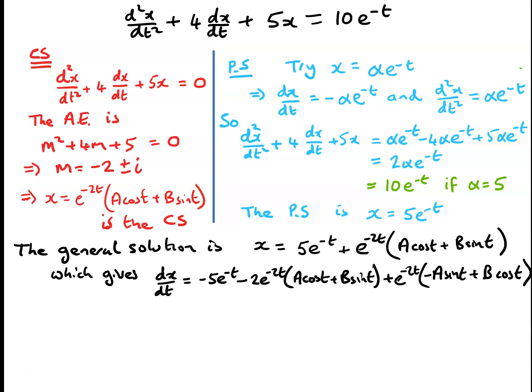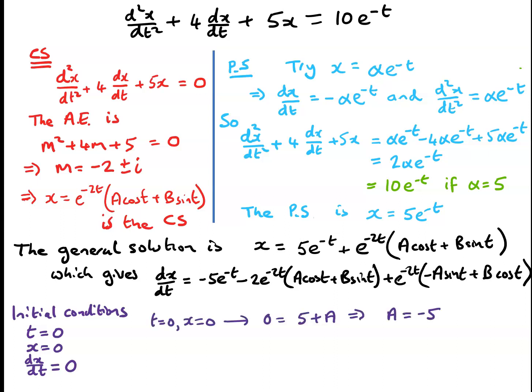And we can now look at the initial conditions to find out the values of a and b. So we know that when t equals 0, x equals 0, and dx/dt is 0. So, first of all, t equals 0, x equals 0 gives me 0 equals 5 plus a. So a must be equal to -5.